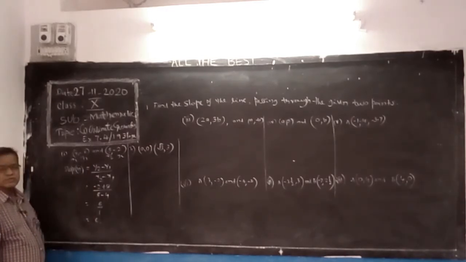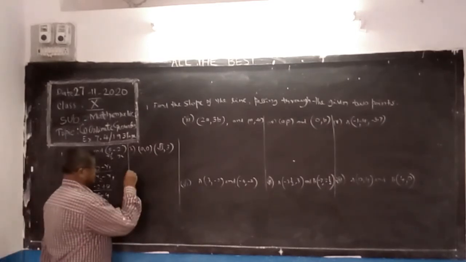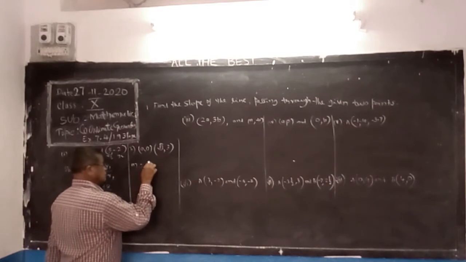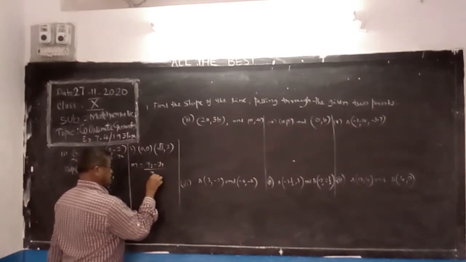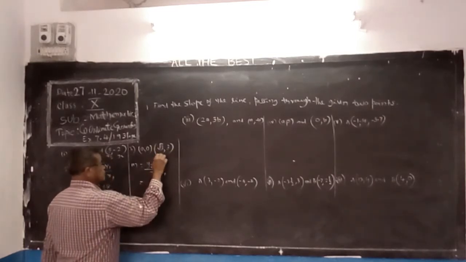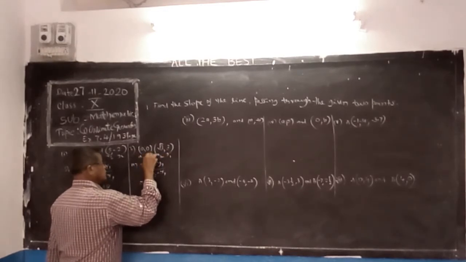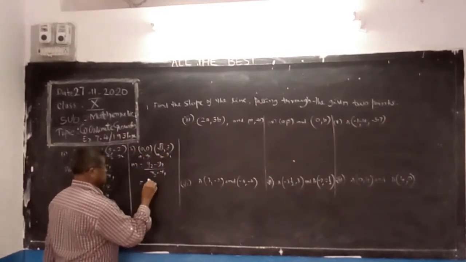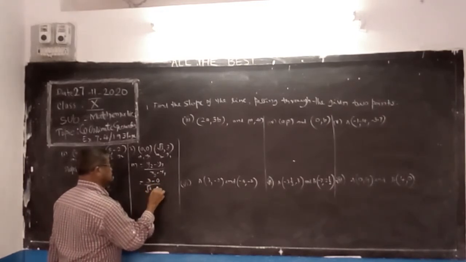Simply substitute in the formula. Y2 minus y1 by x2 minus x1. Don't forget it. M is equal to y2 minus y1 by x2 minus x1. This is x2, y2, x1, y1. So 3 minus 0 by root 3 minus 0.